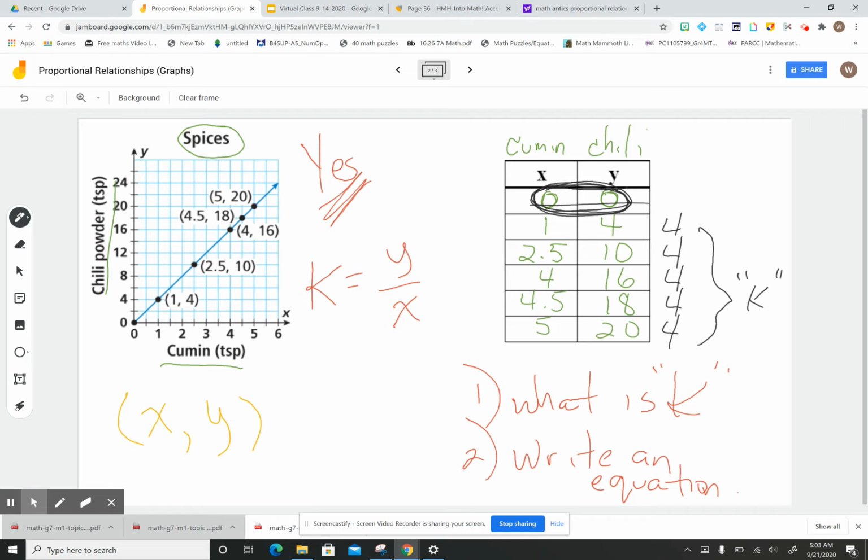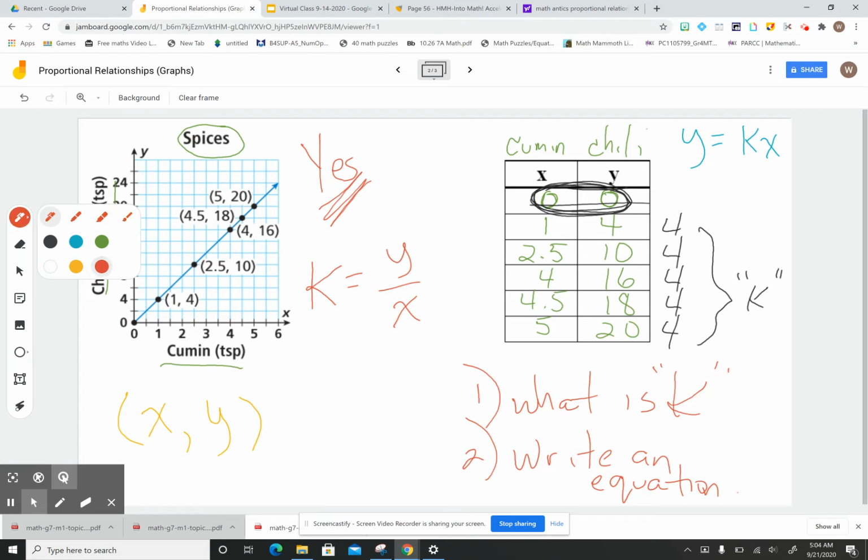Now we want to write an equation. Our equation again is Y equals K multiplied by X, or KX. We went over this previously.